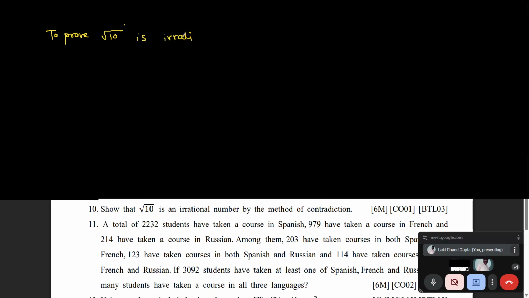Okay. By contradiction means, root 10 is rational. Okay. If this becomes false, the result will be true. Root 10 is rational, right?